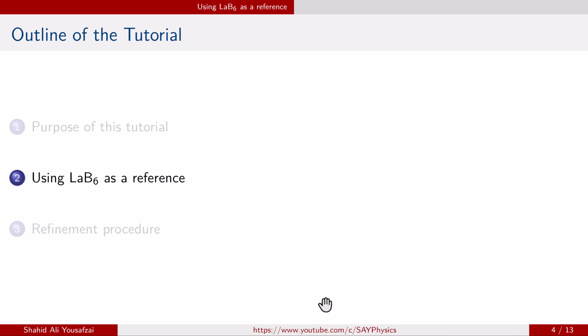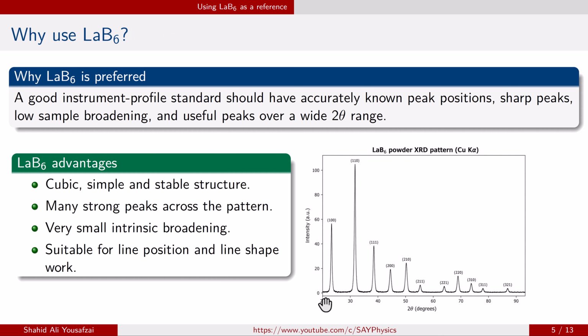LaB6 is widely used because it is an excellent reference material for instrument profile work. A good standard should have known peak positions, sharp diffraction peaks, very low intrinsic broadening, and reflections distributed over a useful angular range. LaB6 satisfies these requirements very well.